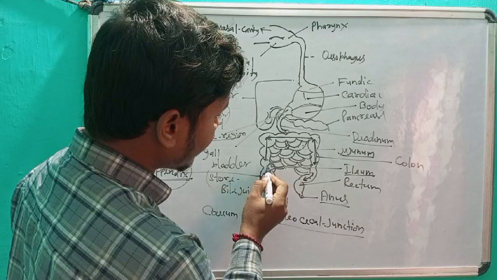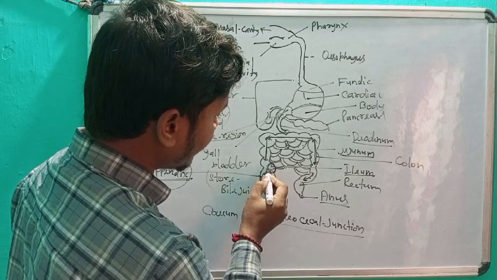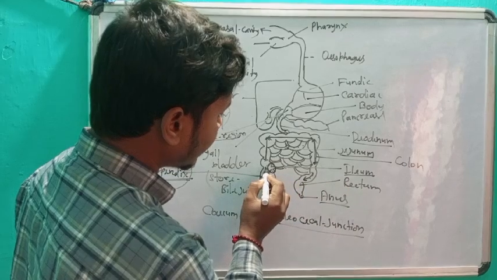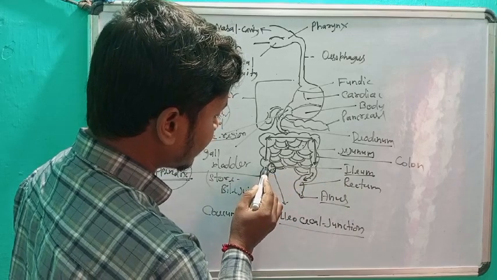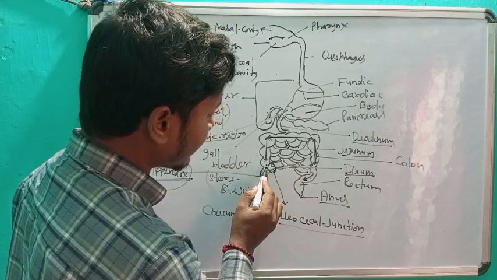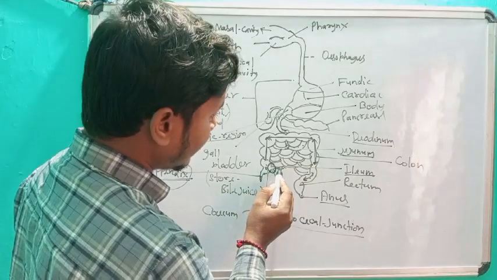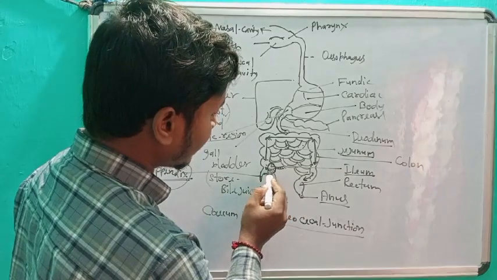At the entry point of the ileum into the large intestine, this portion of the large intestine is known as the cecum, and this portion of the small intestine is known as the ileum. The ileum and cecum are both joined.